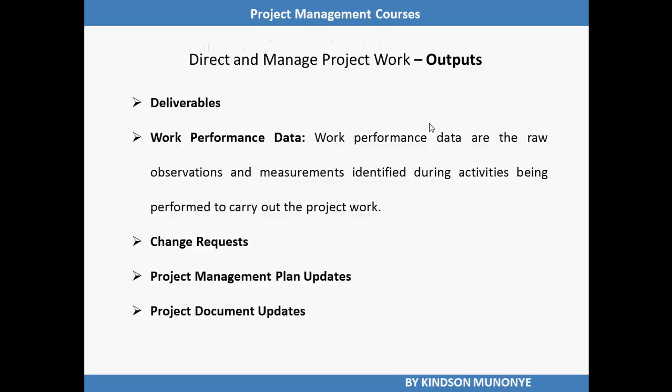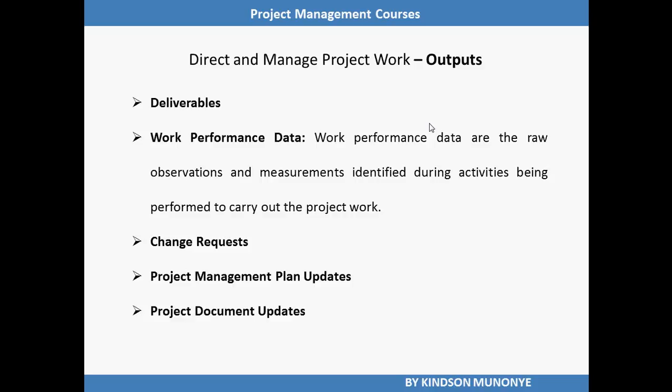According to the PMBOK guide, a deliverable is any unique or verifiable product or result, capability to perform a service that is required to be produced to complete a process, phase, or project. Deliverables are typically tangible components completed to meet the project objectives and can include elements of the project management plan.